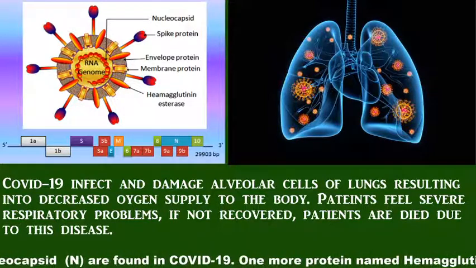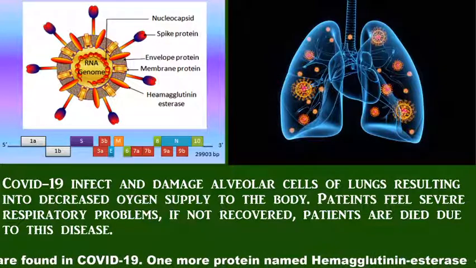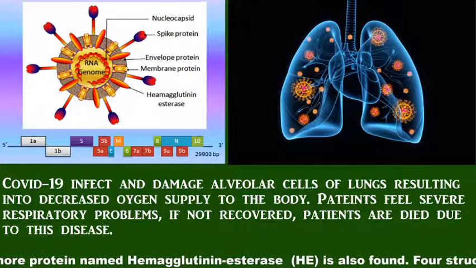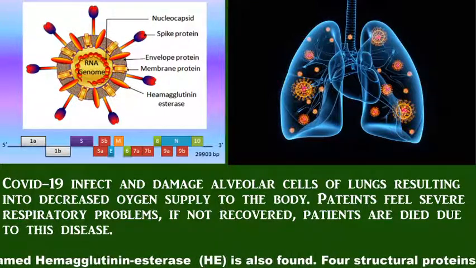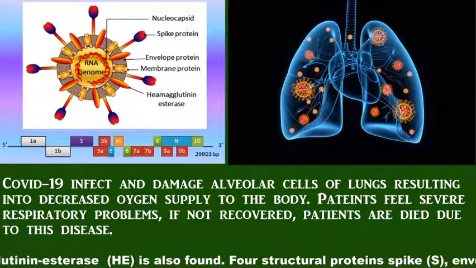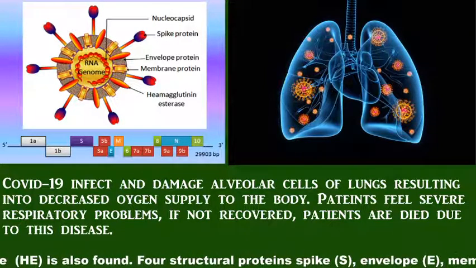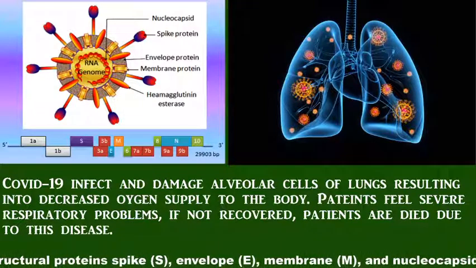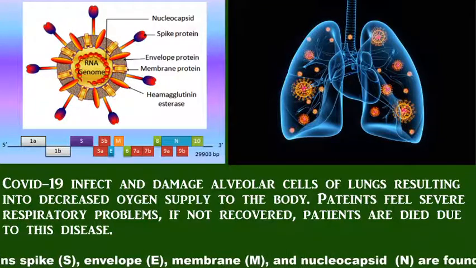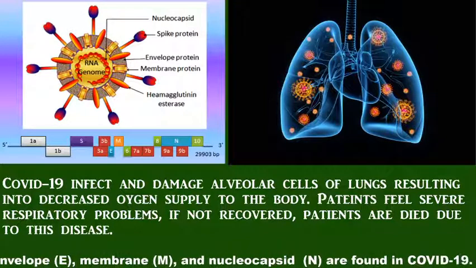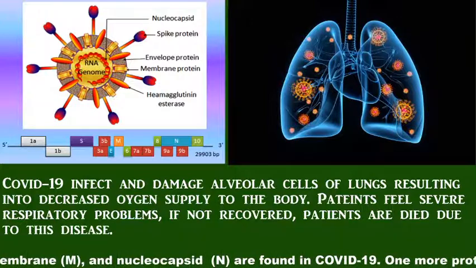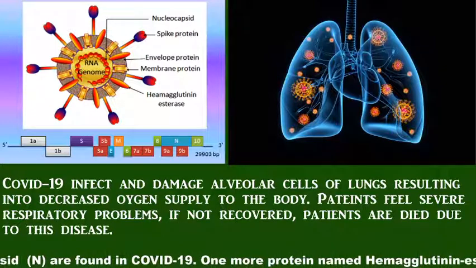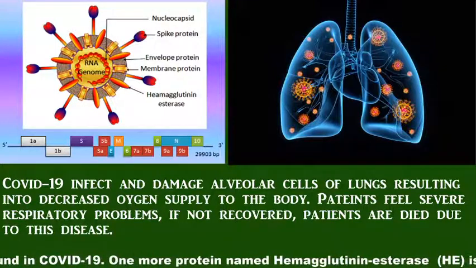So after infection of this virus, a respiratory problem is created. Due to respiratory problems, our body does not get sufficient concentration of oxygen for cellular respiration. So the problem starts at the level of cellular function of the entire body.